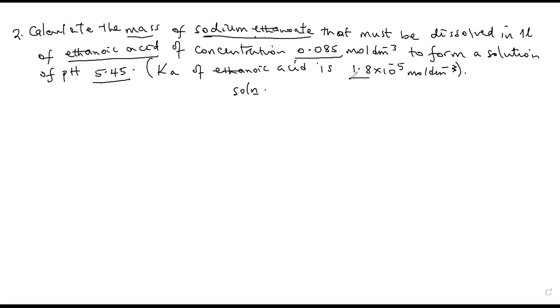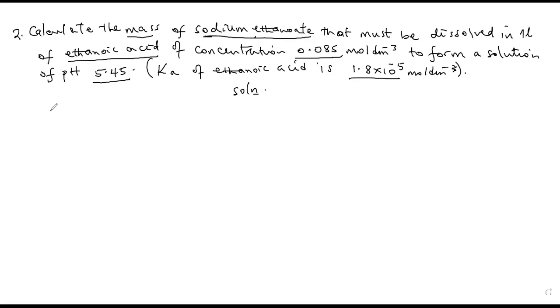If the Ka is this one, clearly, by looking at the solutions given, we are given sodium ethanoate and ethanoic acid. And what does it mean? This is an acidic buffer. Ethanoic acid is a weak acid, and sodium ethanoate is its salt.